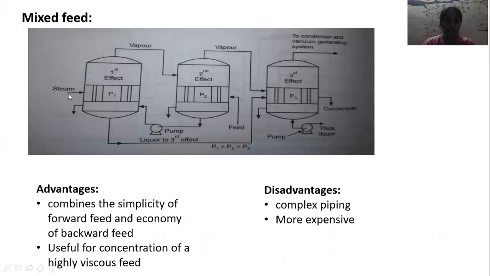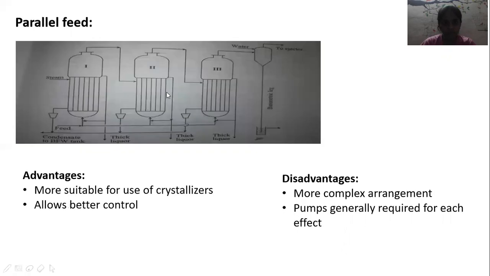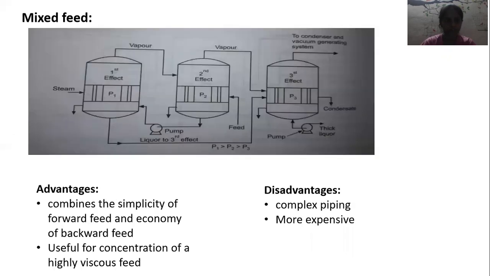Mixed feed. The name itself suggests it is very mixed. That is, feed will be on one side, vapor goes to the other side, and steam also goes to the other side. The steam, as usual, is fed to the steam chest of the first effect, and vapor from the first effect goes to the second as the heating medium, and so on.